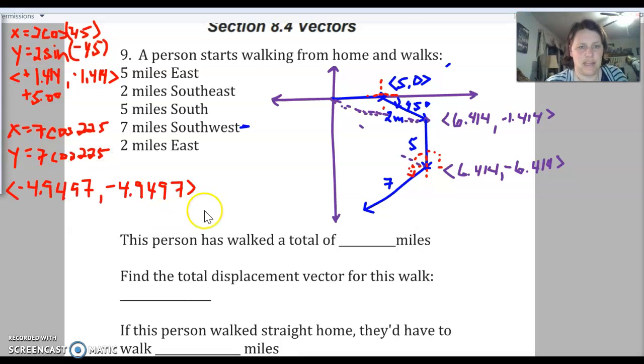Okay, so I went ahead and calculated that. The endpoint for this, as if this was the origin, would be negative 4.9497. That's how far to the left it's going, and then down 4.9497.